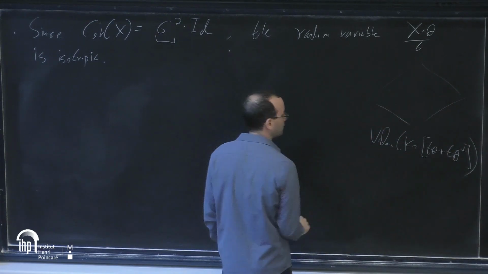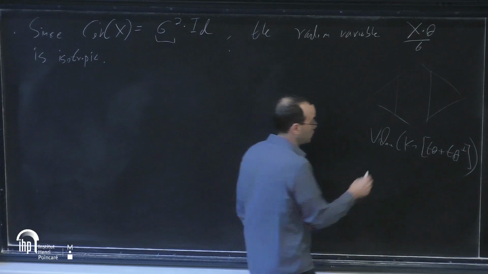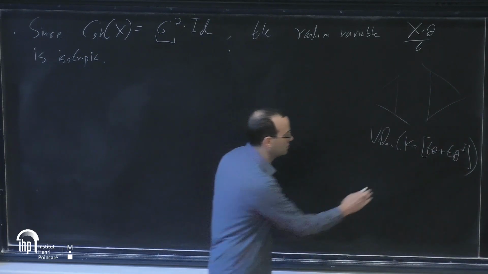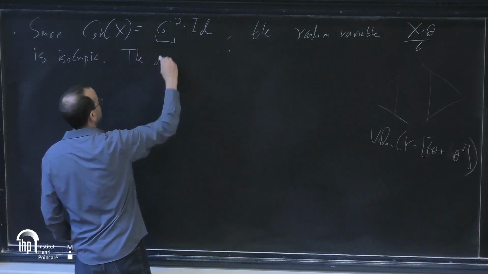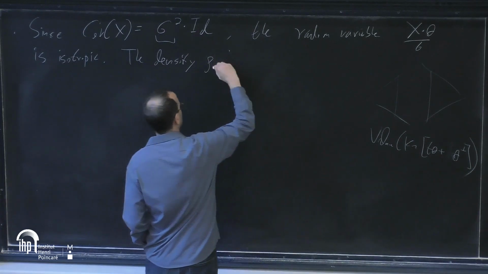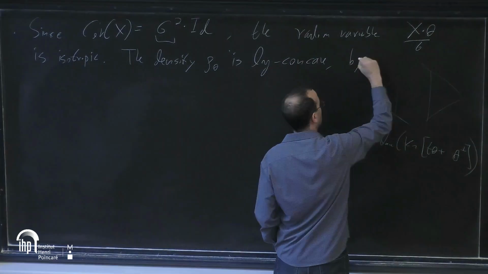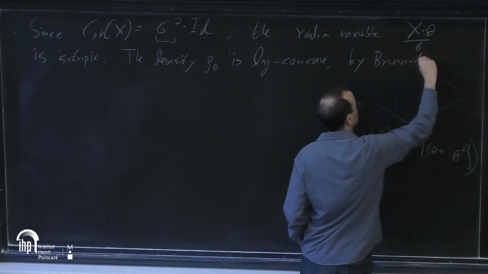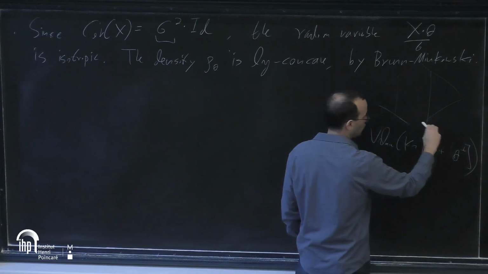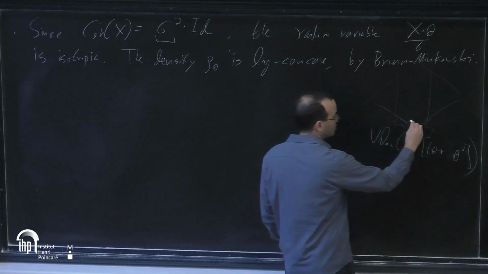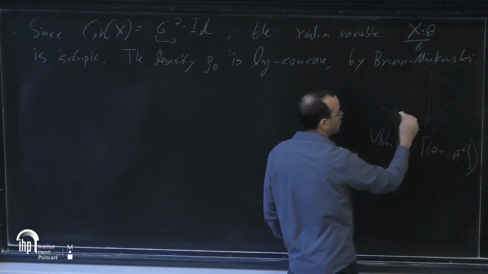this function is log-concave by Brunn-Minkowski, because if you look at two sections at t1 and t2, by convexity the section in the middle, at (t1 plus t2) over 2, contains the Minkowski average of these two sections.